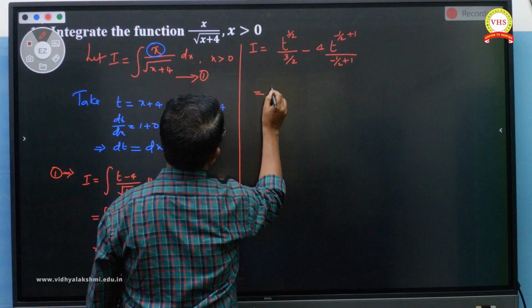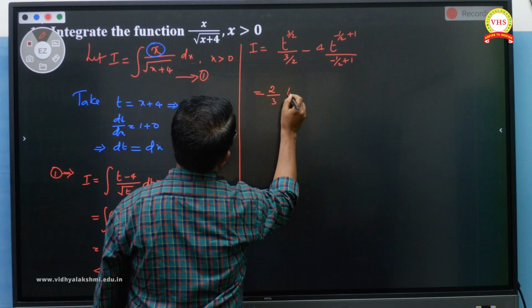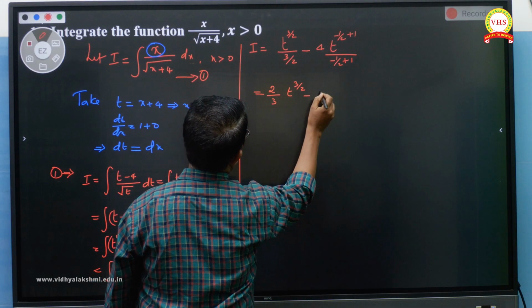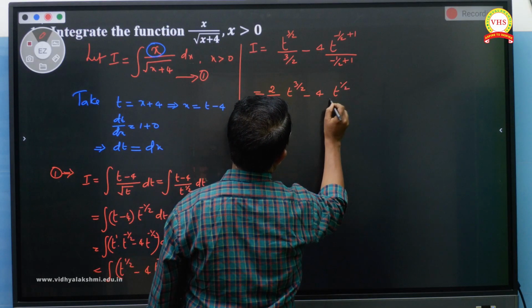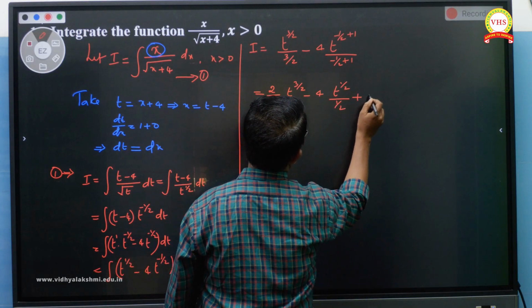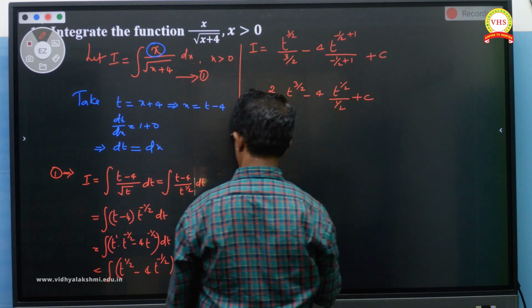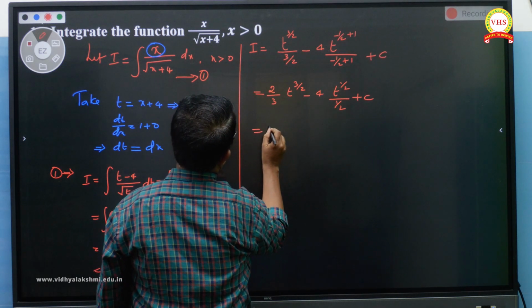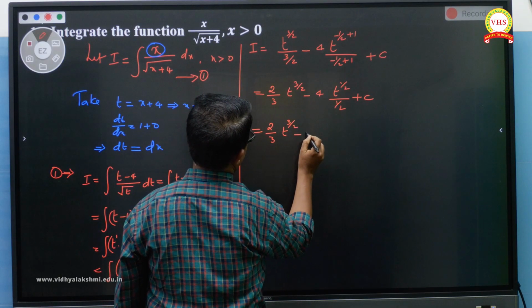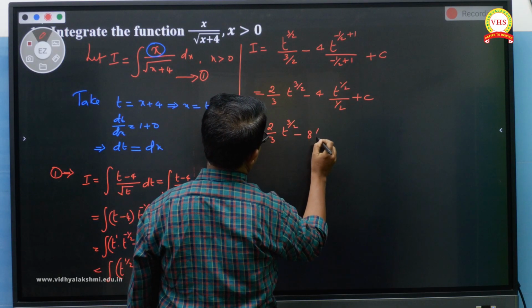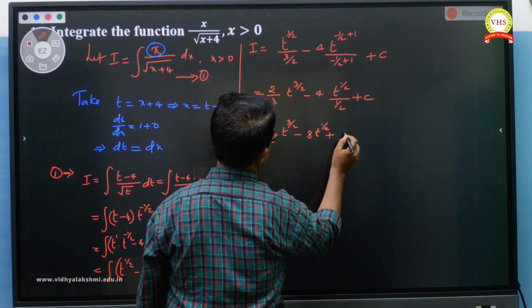Now this is 2 by 3 t to the power of 3 by 2, minus 4 times t to the power of half divided by half, plus c. Now this is 2 by 3 into t to the power of 3 by 2 minus 4 twos are 8, t to the power of 1 by 2, plus c.